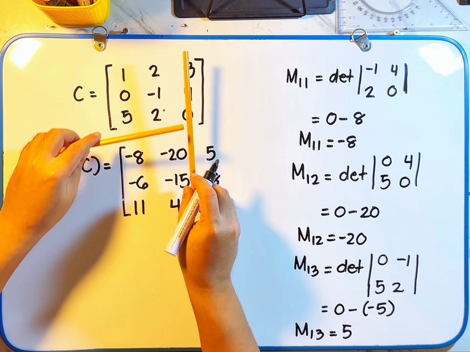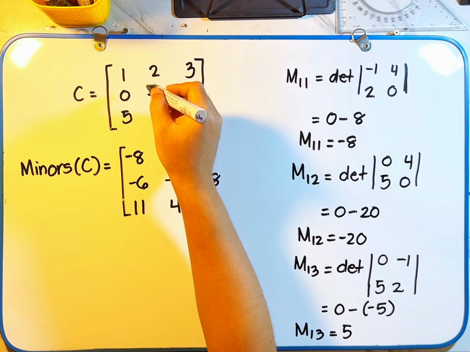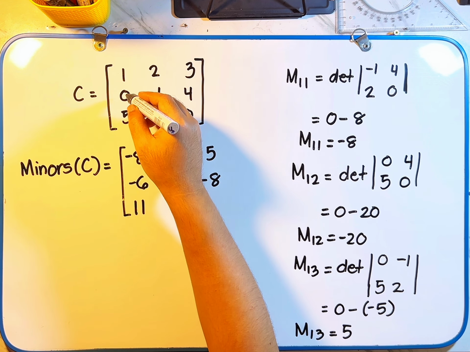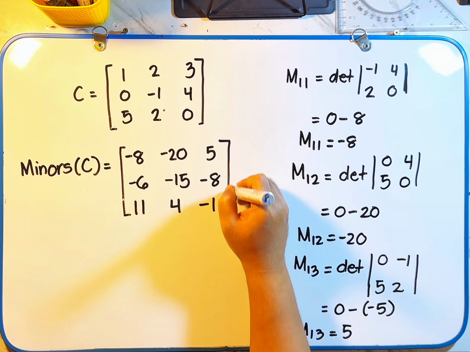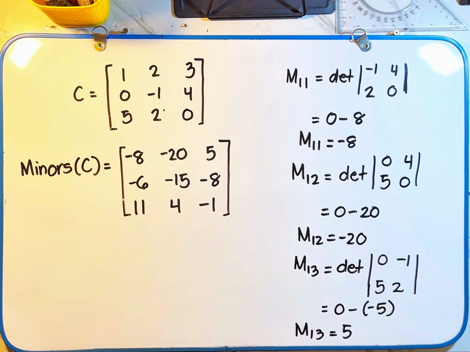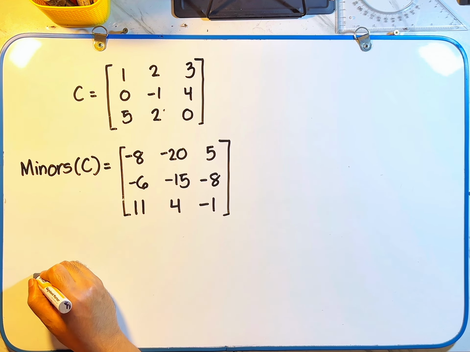And lastly, third row, third column, we have these 4 elements. 1 times negative 1, minus 0 times 2 is 0, so negative 1. And that's your minors. Now let us solve for the cofactors.